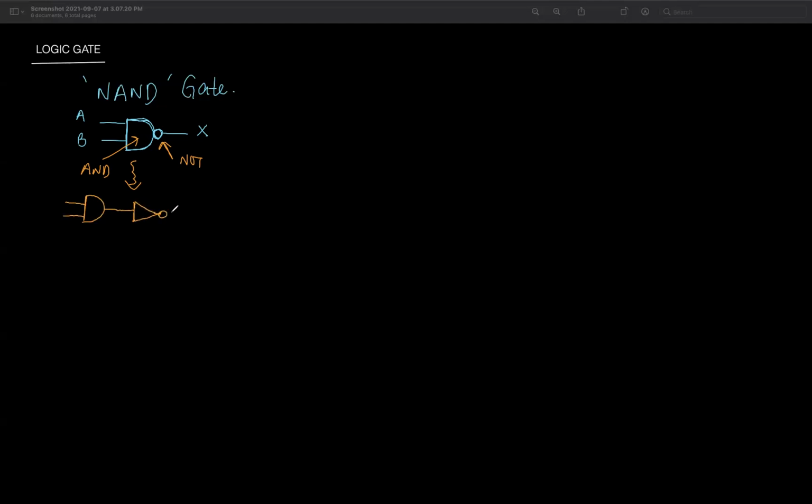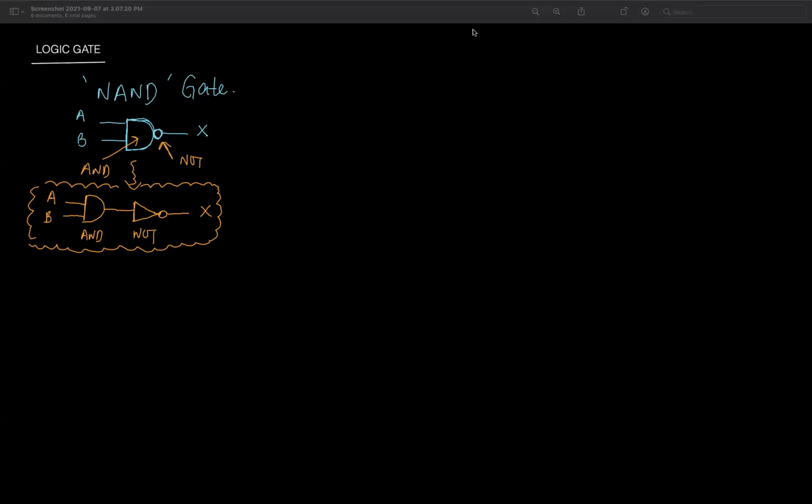This is the NOT gate, and then we get the X. Okay, we have an AND gate and we have a NOT gate. This is the same as this one. Okay, just to let you see, I can put my diagram like this. It's the same thing. Meaning that I pass through the AND gate first, then only I pass through the NOT gate.